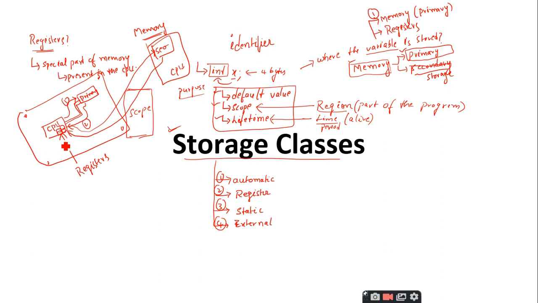So to reduce the delay present in accessing the elements from the primary memory or secondary memory, you will be making use of the registers, right? But remember, the storage of these registers is very small. The secondary memory storage will be around 1 terabyte.